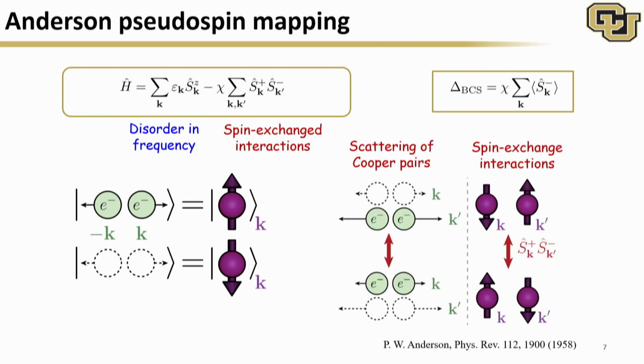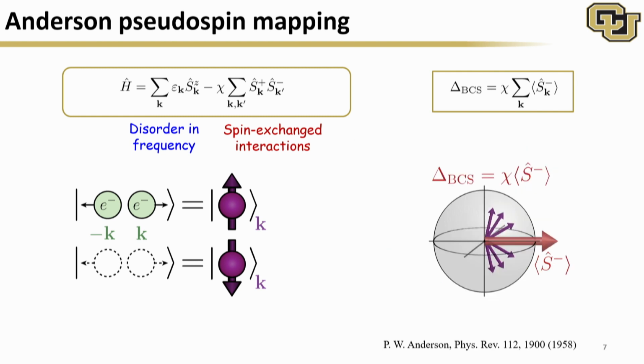The second term, originally describing the scattering of Cooper pairs from one momentum to the other, we can now understand as spin exchange interactions, where a spin up particle in momentum k prime flips from up to down, while another particle in momentum k flips from down to up. We can also understand the BCS order parameter as the overall coherence of all the spins.